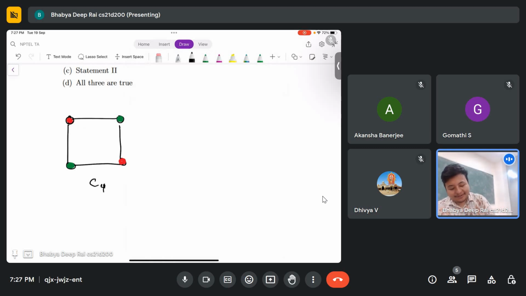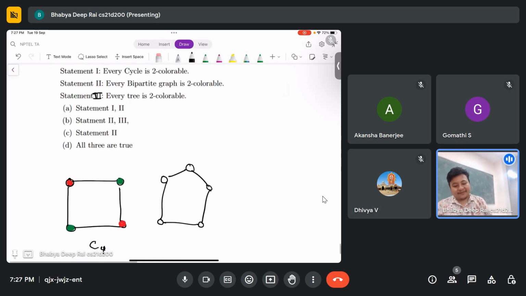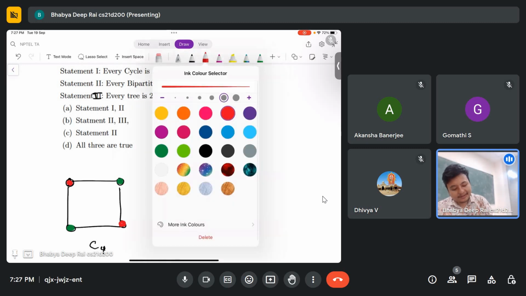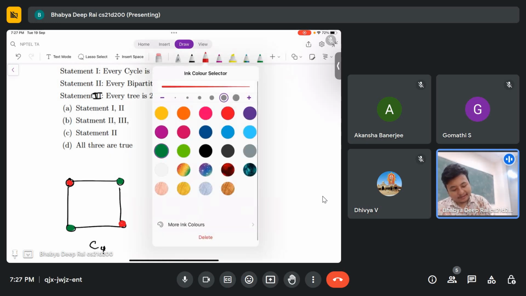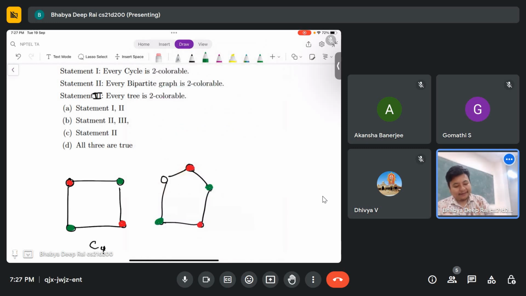But let's not stop here. Let's go on. Let's look at a cycle with 5 vertices, and let's use the same logic. Let's alternately color with red, then green, then red, then green, and if I go with a red again, we have a problem here.